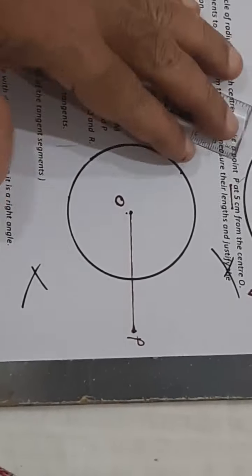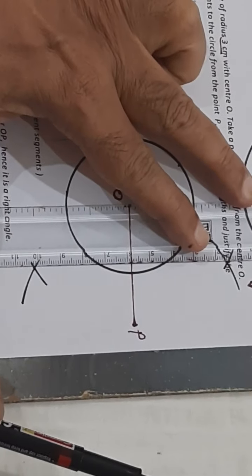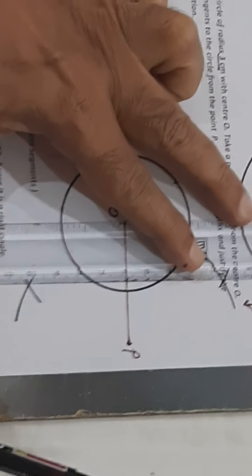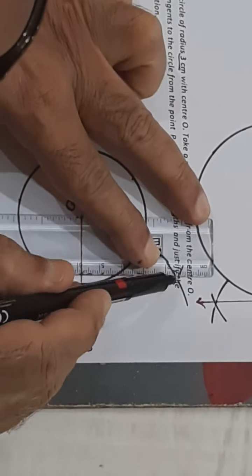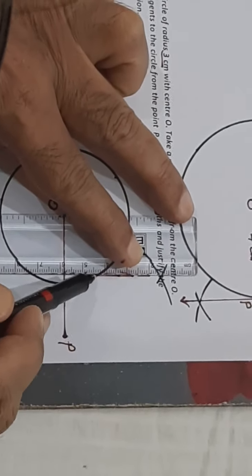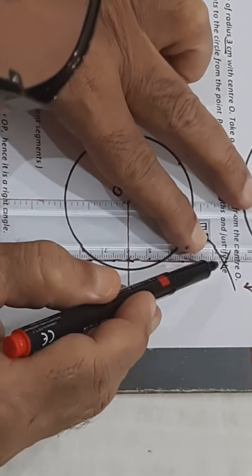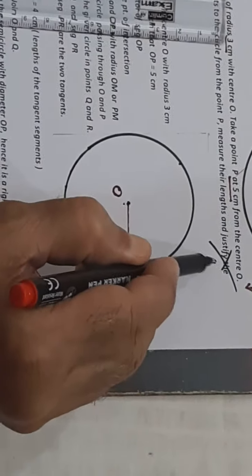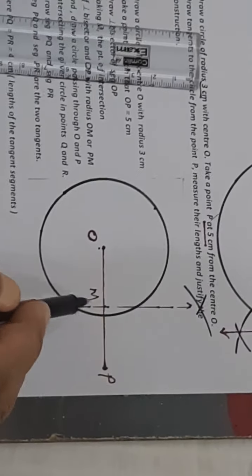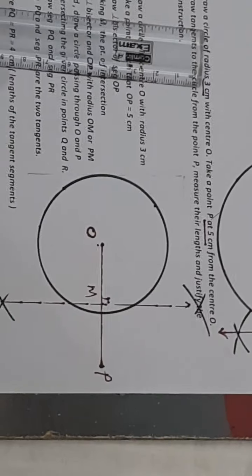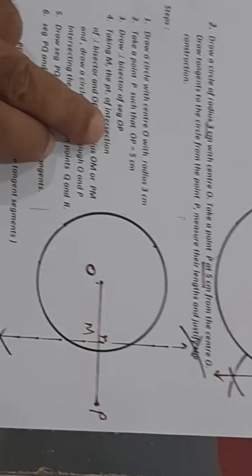Join the point of intersection of these arcs, so you will get the perpendicular bisector. Take the point of intersection as M and show it is a perpendicular. Okay, now draw perpendicular bisector of segment OP.